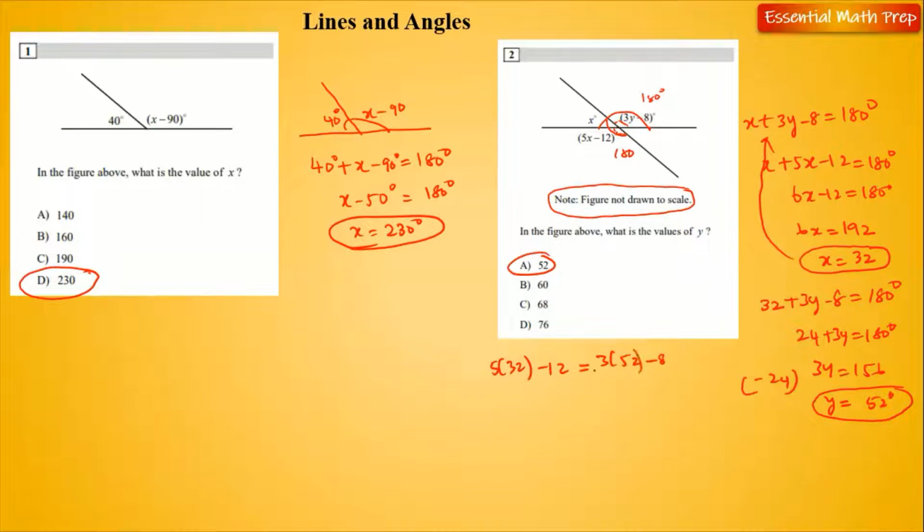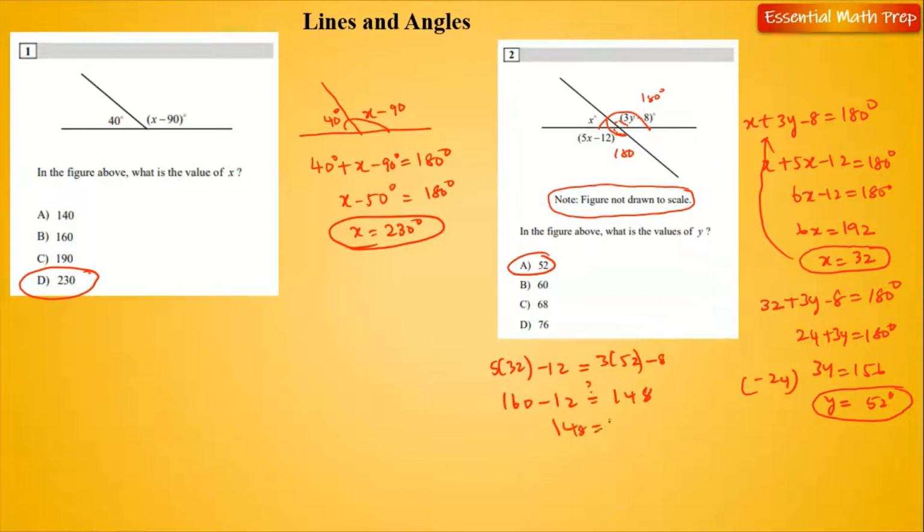What is 5 times 32? 5 times 32 is 160, minus 12. Is that equal to 3 times 52, which we know is 156, minus 8, that's 148. 160 minus 12 is 148.